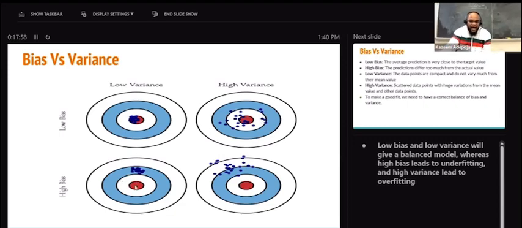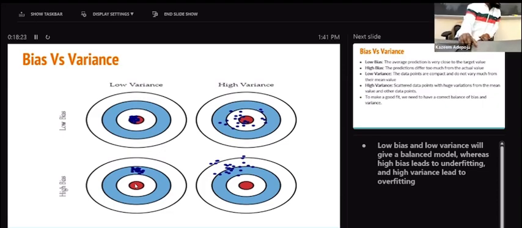And take a look at the other one: high bias with low variance. That is more or less like the assignment that I gave you. Let us assume that more than one predictor affects a response. If you consider only one predictor, then your model will underestimate.